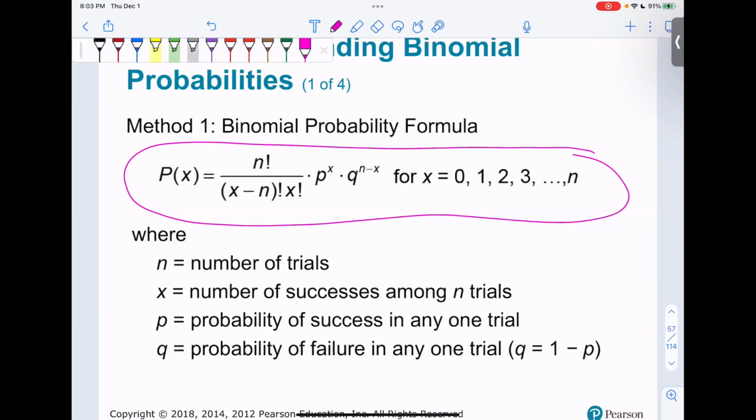The highest number of successes will be 10, because we repeat the experiment 10 times, so the highest number we can get is 10 successes, right? Do you remember this part?